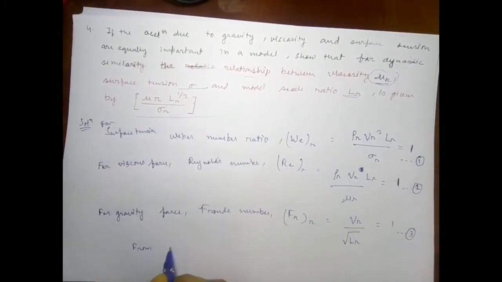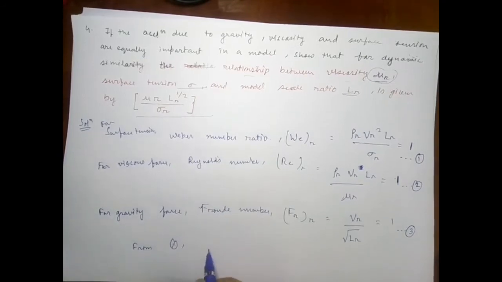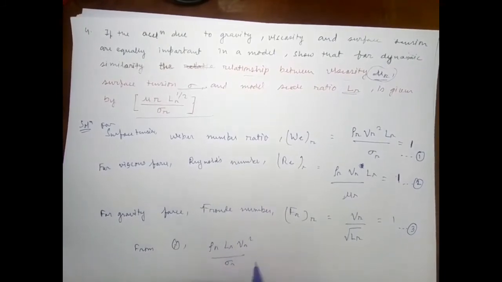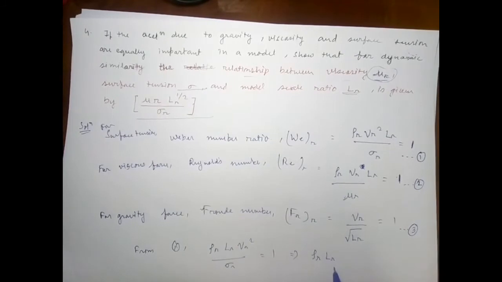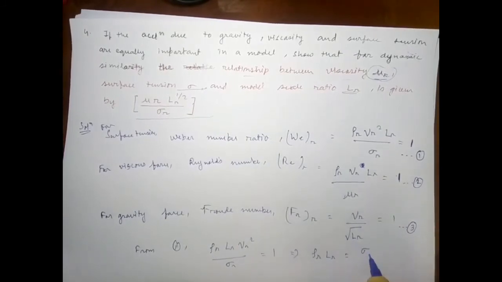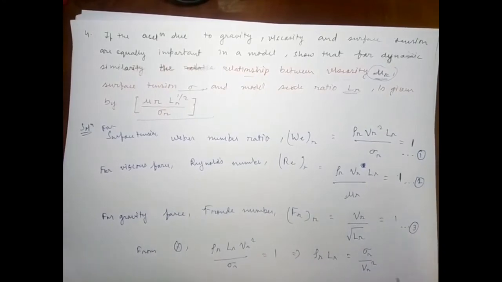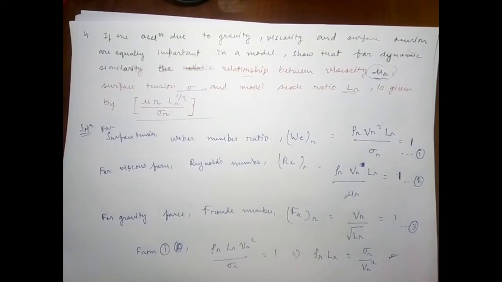So from equation 1, rho r Lr Vr square upon sigma r is equal to 1, or we can write that rho r Lr is equal to sigma r upon Vr square.